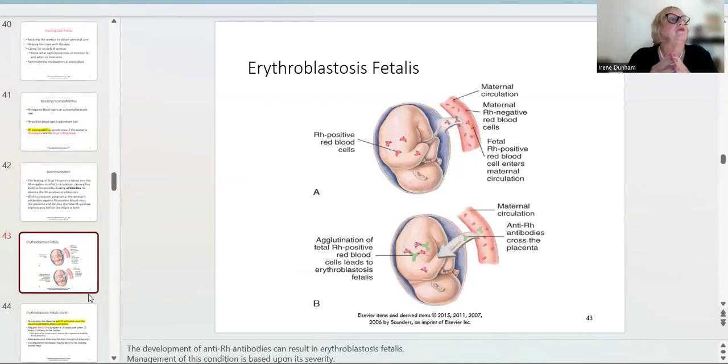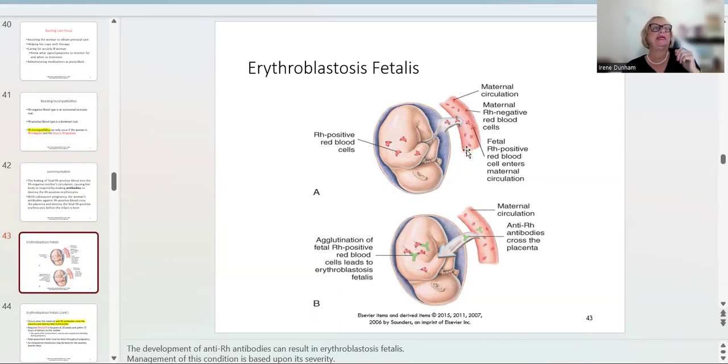And this comes right out of your textbook. It's a great picture. You can see up here, here's the Rh positive red blood cells. Okay, here's baby. And don't forget, mom and baby do mix their bloods. So mom gives blood to baby and baby gives back, but they have the placenta barrier.